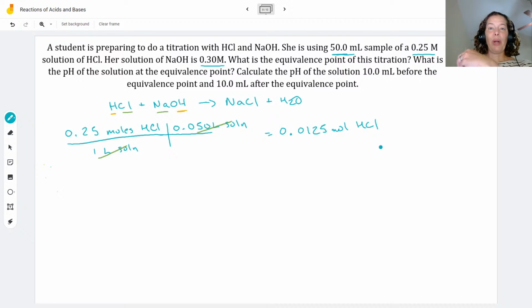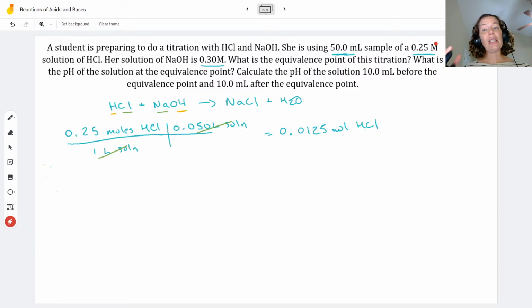At the equivalence point, what is special about the equivalence point? Well, at the equivalence point, you have the same number of moles of acid as moles of base. So when you think about what's going on, if you're in the lab and you're doing this physically, you've got this 50 milliliter sample, probably in an Erlenmeyer flask. You know the concentration, and you are literally dripping in sodium hydroxide.